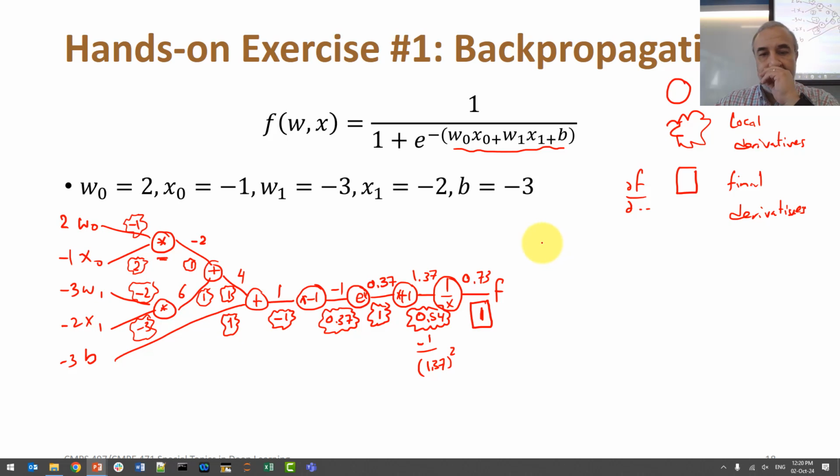How about df by this variable? 1 times the local derivative, which is 0.54. Then one step further, the derivative here is the derivative of the output, which is 0.54, times 1, which is also 0.54.